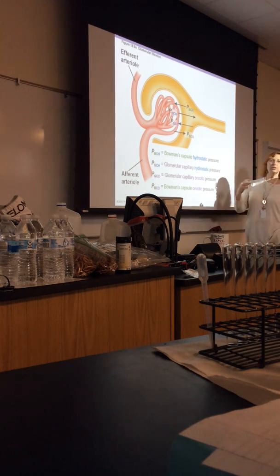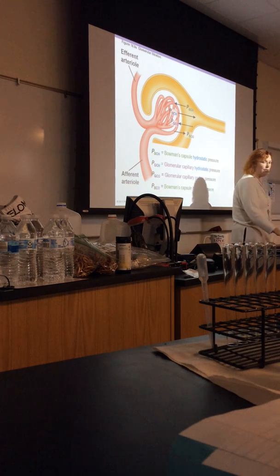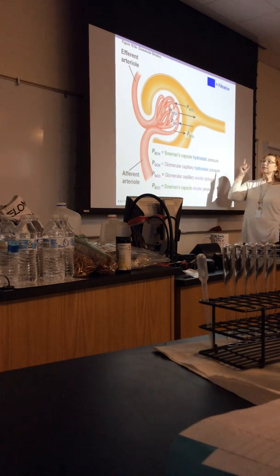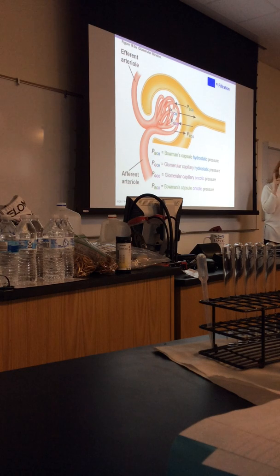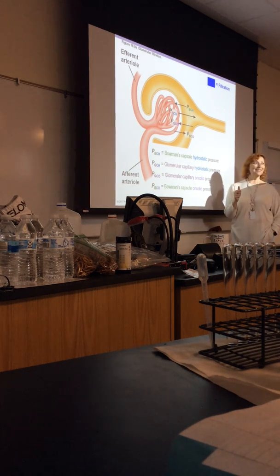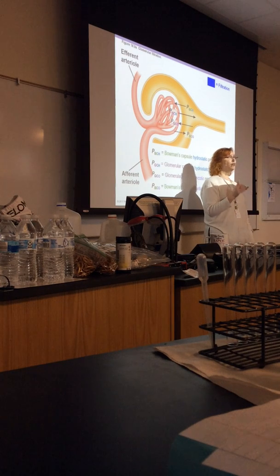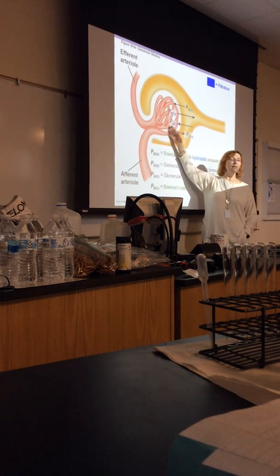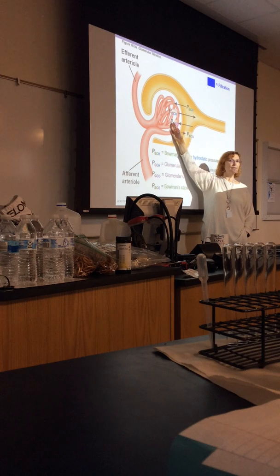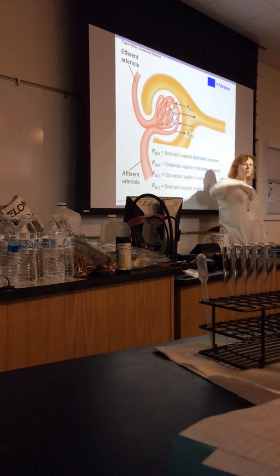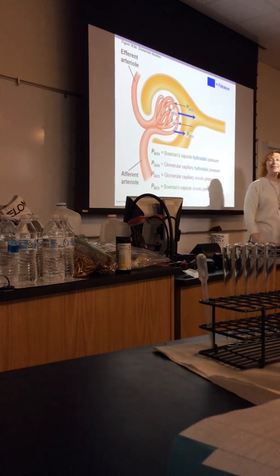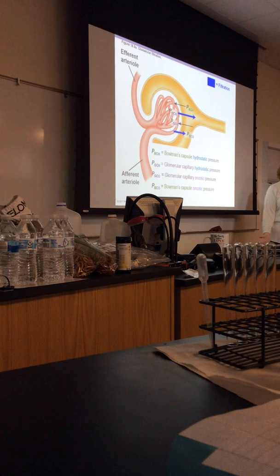So I want to look at those forces that favor filtration. And the forces that favor filtration are the forces that are going to make fluid leave the glomerulus and move into Bowman's capsule. And that's these two, right?